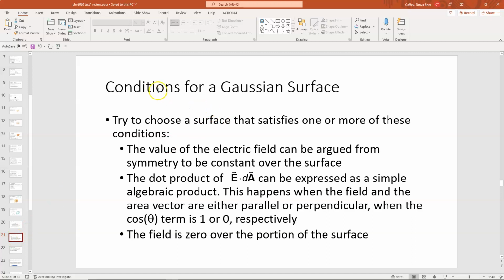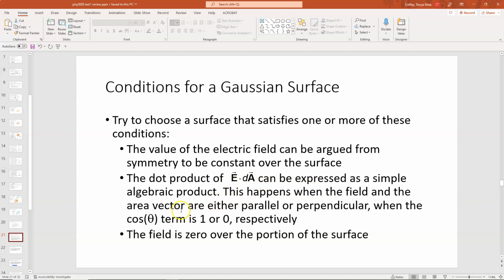So let's talk about the Gaussian surface. You're going to try to choose a surface that satisfies one or more of these conditions. The value of the electric field can be argued from symmetry to be constant over the surface. The dot product of the electric field and the differential area vector can be expressed as a simple algebraic product.